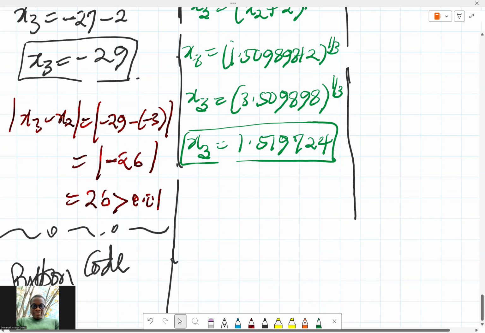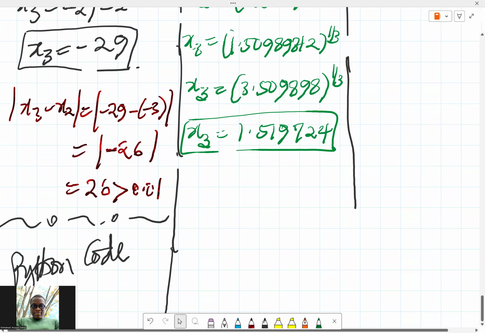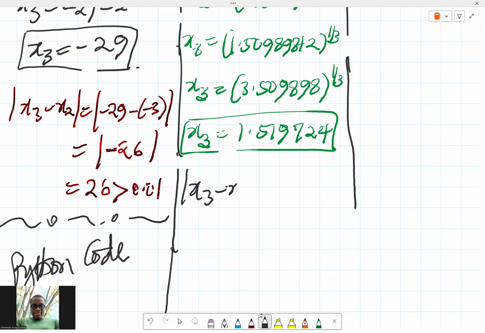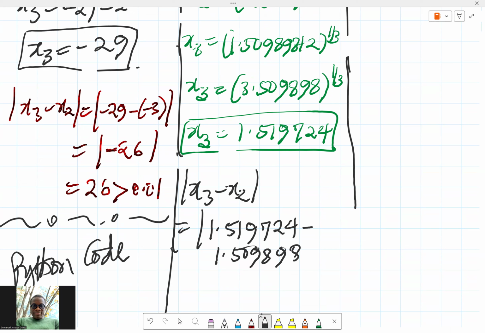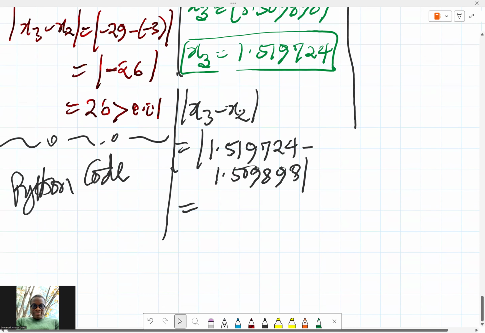Okay, so let's check to see if we have arrived or not. We have the absolute value of x3 minus x2, which is the absolute value of 1.519724, which we just got, minus 1.509898. That is equal to 0.009826.